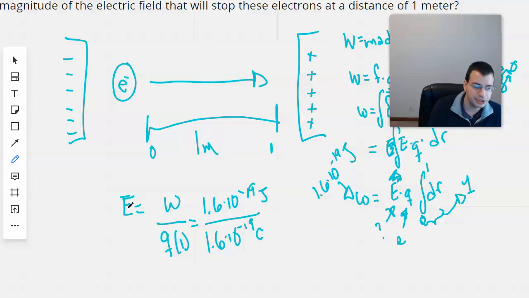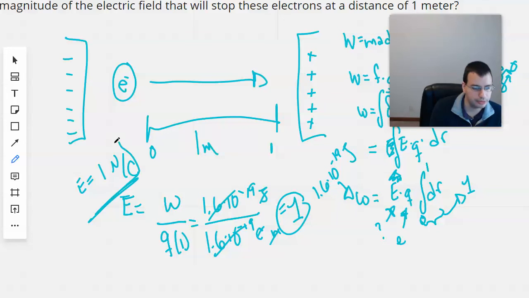Electric field is measured in newtons per coulomb. And so this 1 here probably is actually meters. So then I'm going to assume everything cancels out. This gives us 1. So electric field equals 1 newton per coulomb.